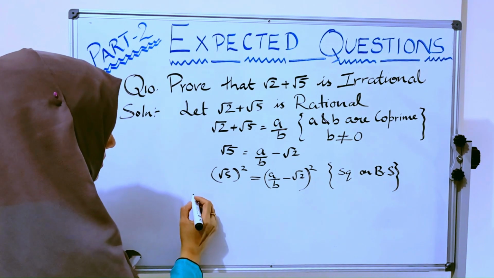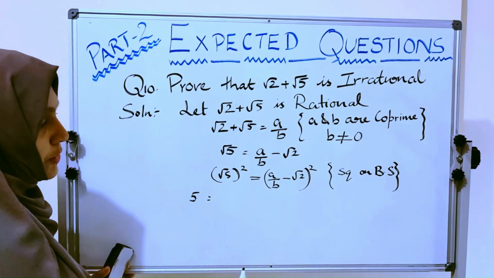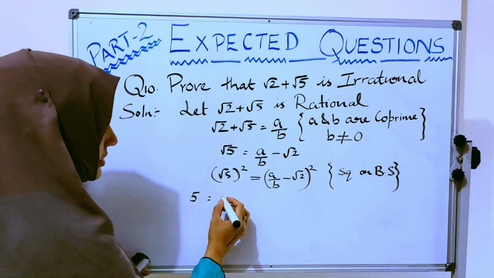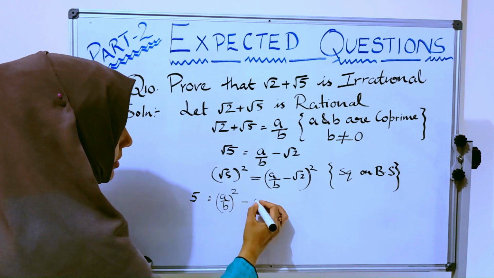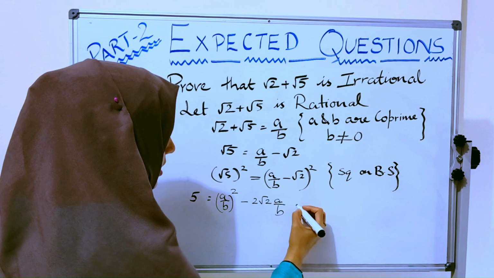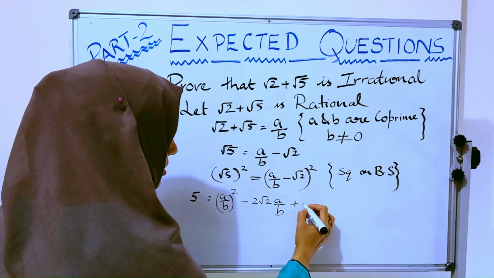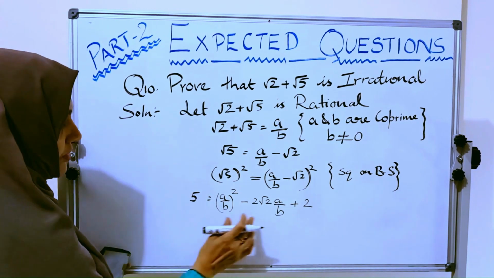Root 5 square is equal to 5. This is the (a minus b) the whole square form. So you have to write a by b the whole square minus 2 root 2 a by b plus root 2 square is equal to 2. After this, rearrange.